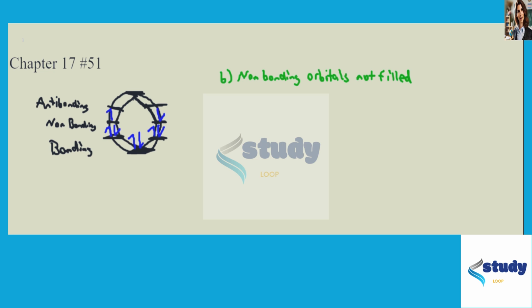Another way to say that would be unpaired electrons in the HOMOs, the highest occupied molecular orbitals. So unpaired electrons in the HOMOs. You also, although it doesn't really have anything to do with the inscribed polygon method, could say it's an 8 pi electron system. And so by Huckel's rule, we know that that's not going to be aromatic.